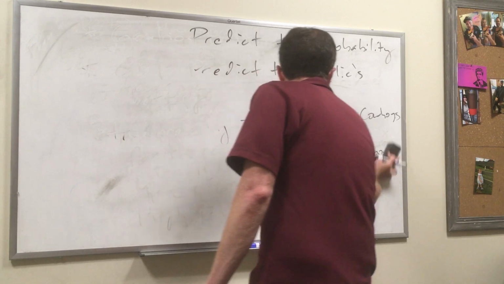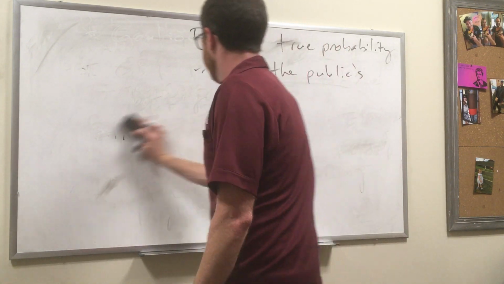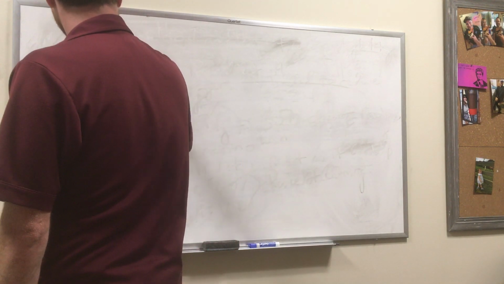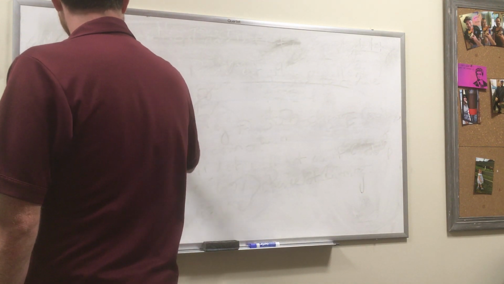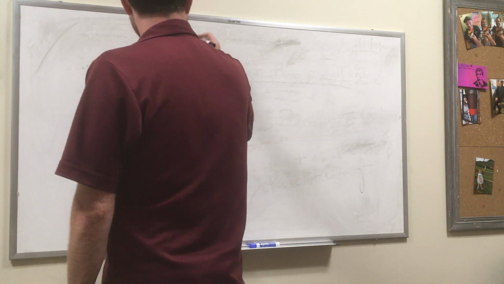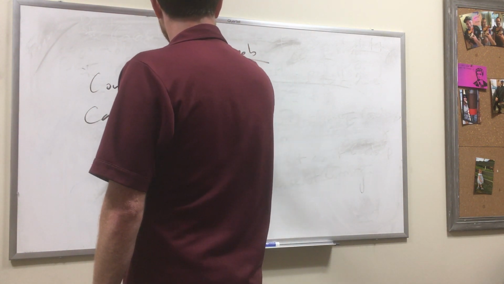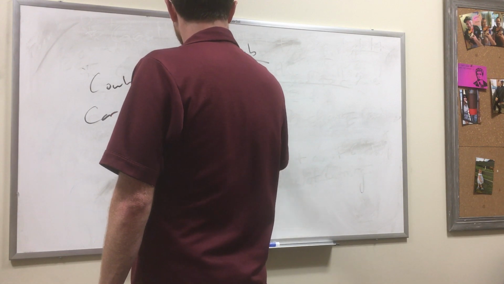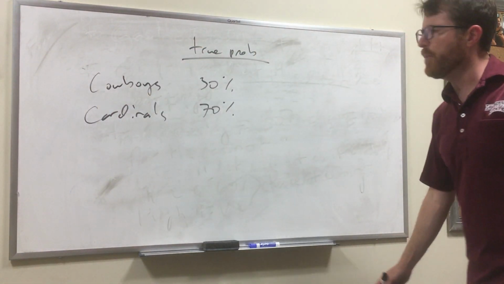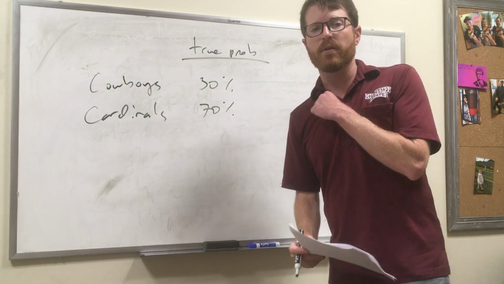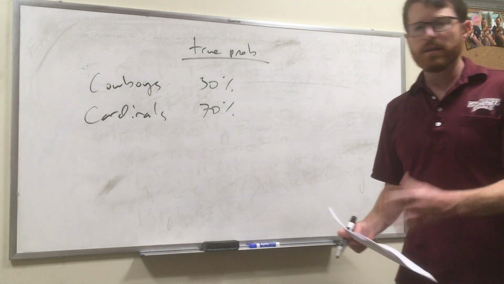So what you might end up doing, let's say the Cowboys are playing the Cardinals in this example. These are our true probabilities of winning, okay? But remember, you know that the public is going to be betting on the Cowboys more readily.